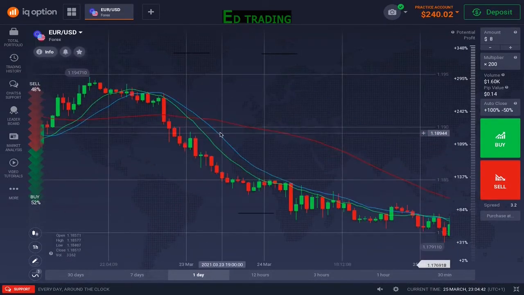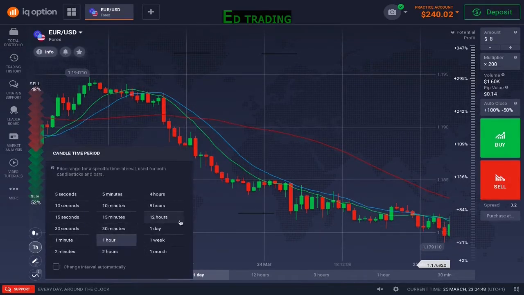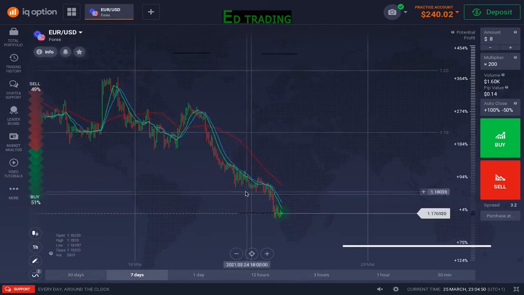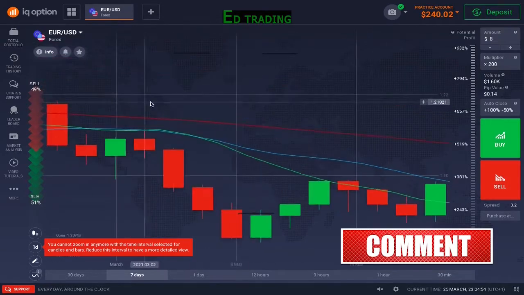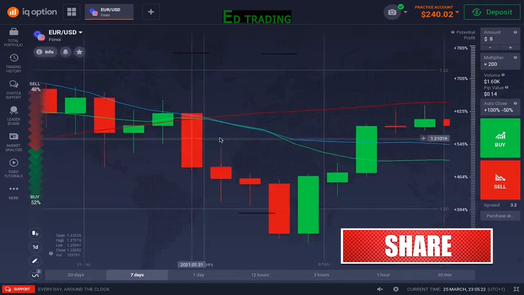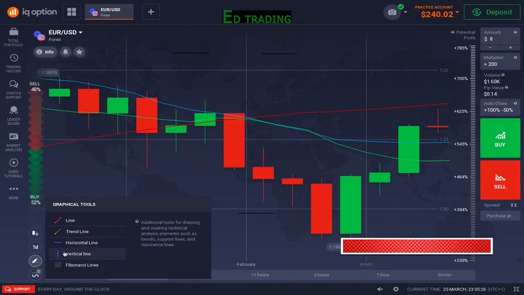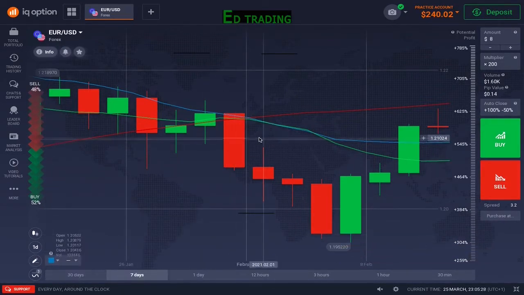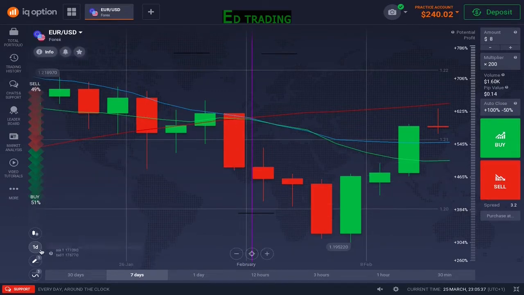When you want to trade with this strategy, you don't just buy, you don't just sell. Before trading with this strategy, you go to your time, you change this to daily candle, daily chart, then you look for where the cross is here, then you put a line here, then you change this to 4 hours.